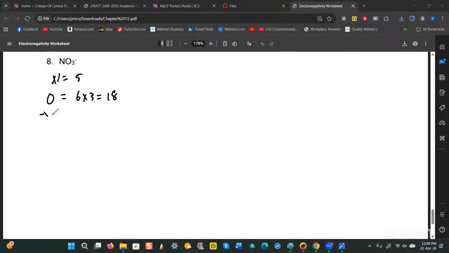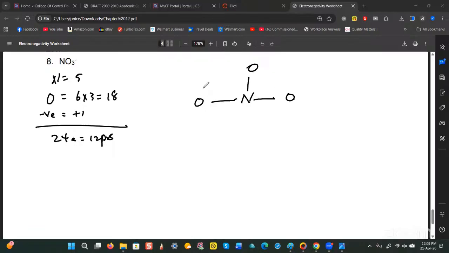And the negative charge will contribute how many? 1. So that's 24 electrons equal to 12 pairs. With the nitrogen in the middle, surrounded with the oxygens. Bonding pairs 1, 2, 3, then 4, 5, 6, 7, 8, 9, 10, 11, 12.